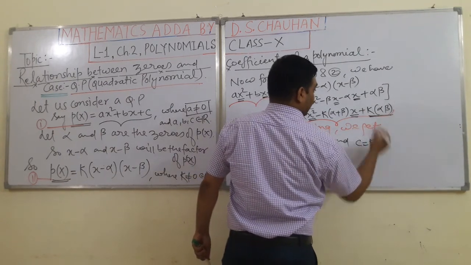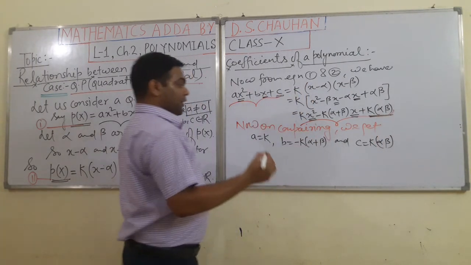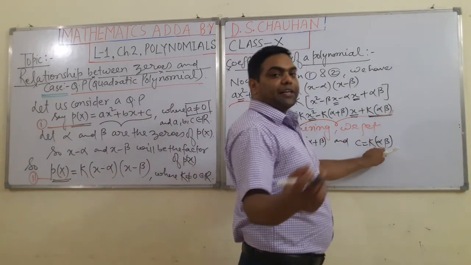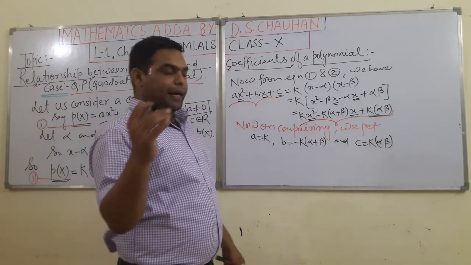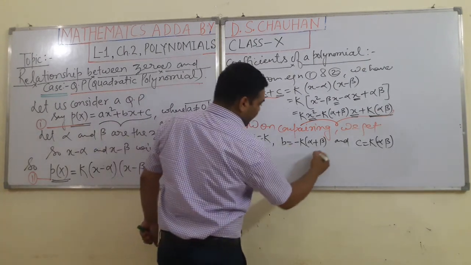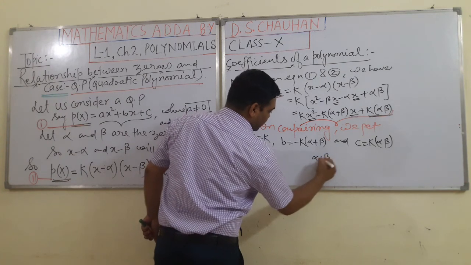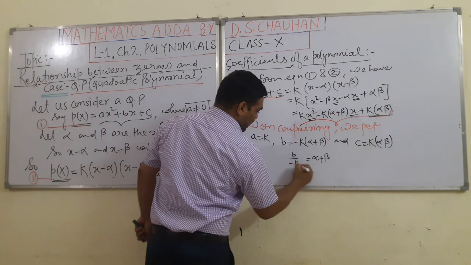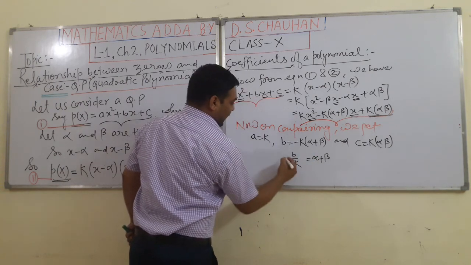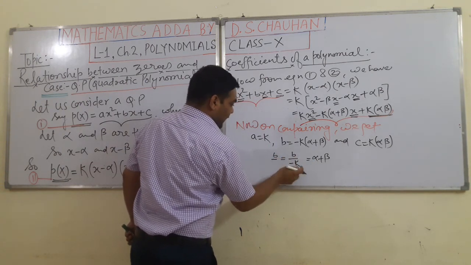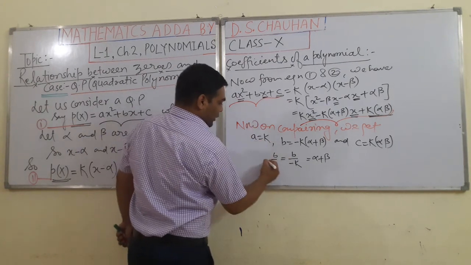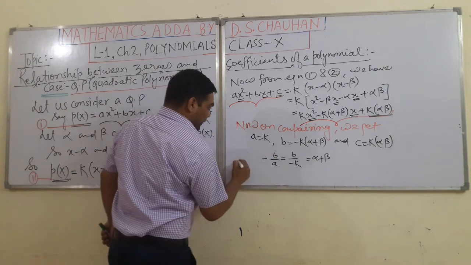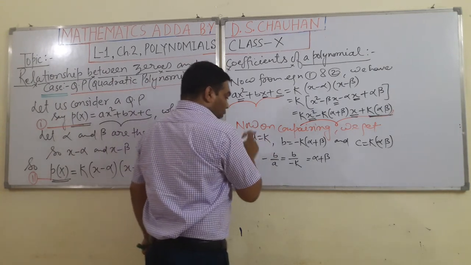Well students, now from here we can find alpha plus beta and alpha beta in terms of a, b and c. So look here. From here we can get alpha plus beta equal to b upon minus k. But we know that k is a from here. So we get minus b upon a, since k equal to a.